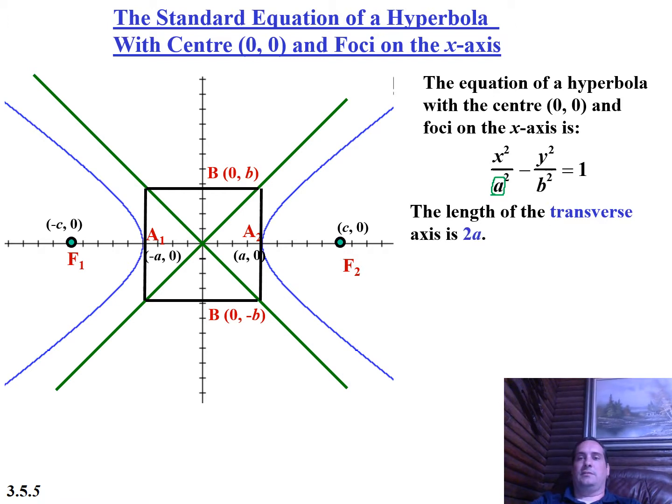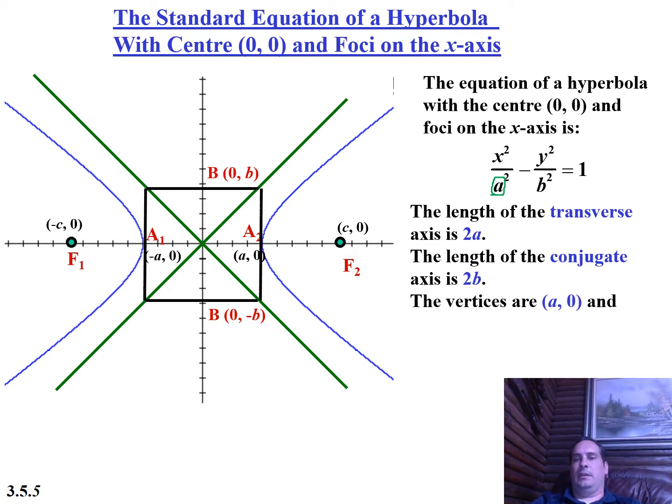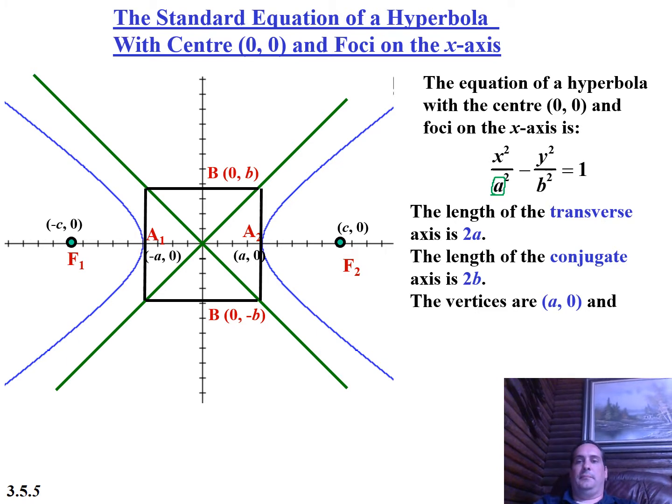Okay, the length of the transverse axis is 2A. The length of the conjugate axis is 2B. And the vertices are going to be A, 0 and negative A, 0. Whatever you have for the vertex distance, that would be your A value.